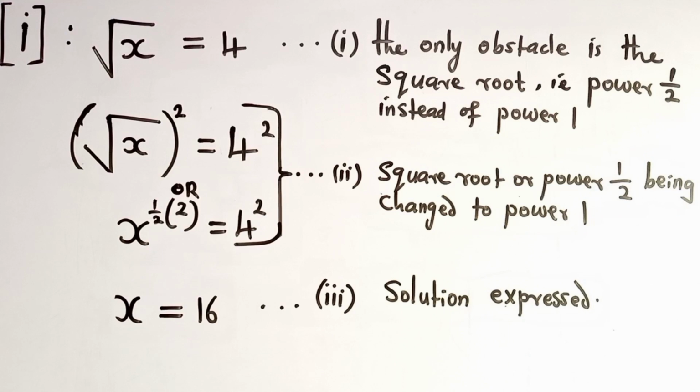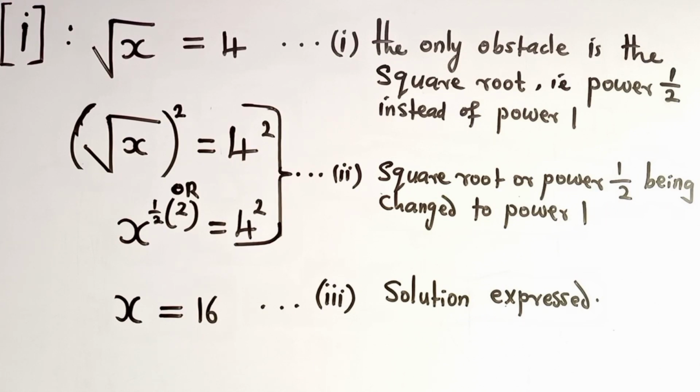Guess won't always make you succeed in getting at the correct answer to a challenge. So embrace logic, embrace mathematical principles in tackling it. Follow me as I explain how to get this square root out of the way to make it just be ordinary x. There are 2 methods of doing that.